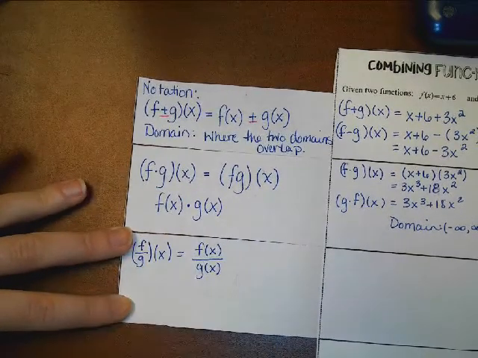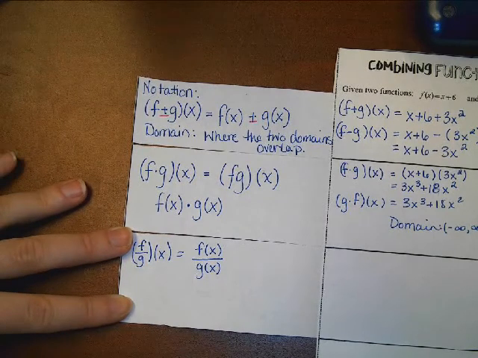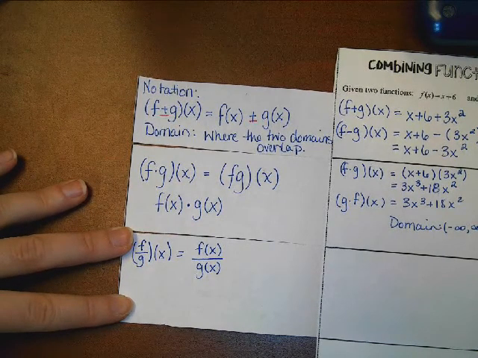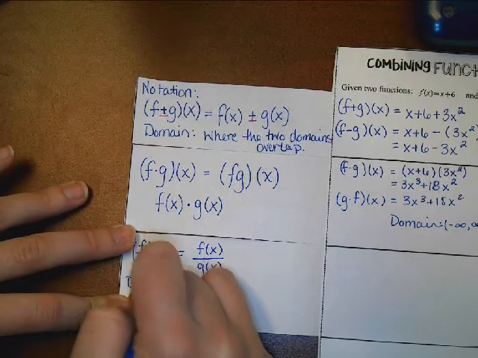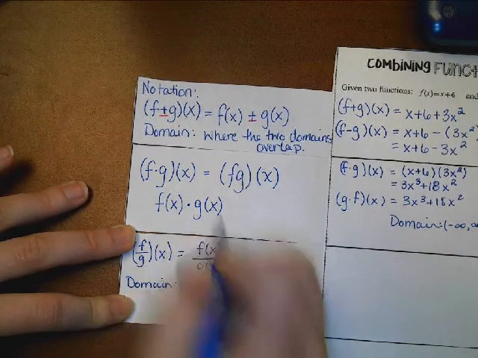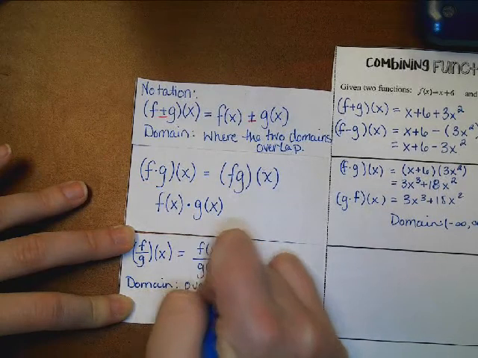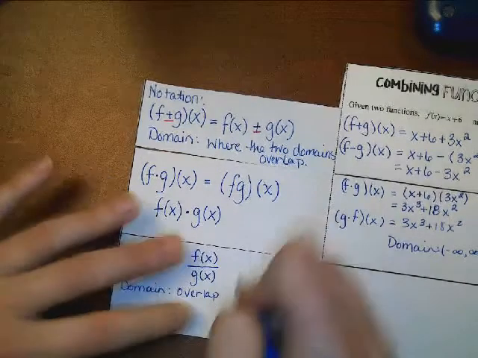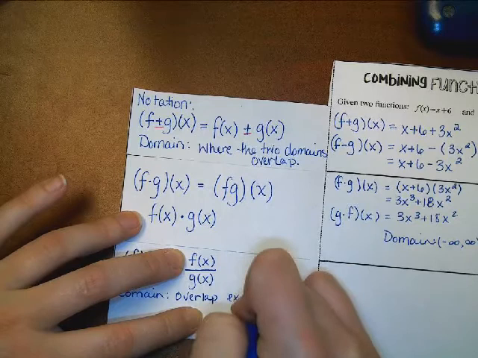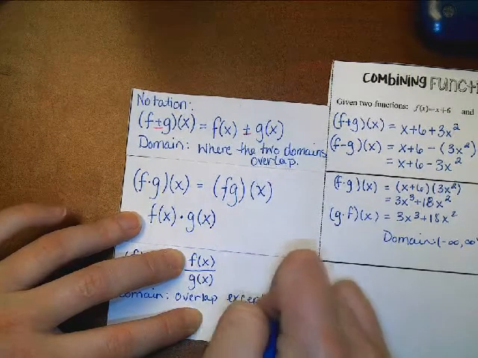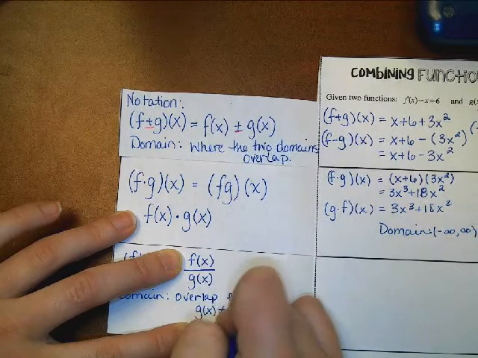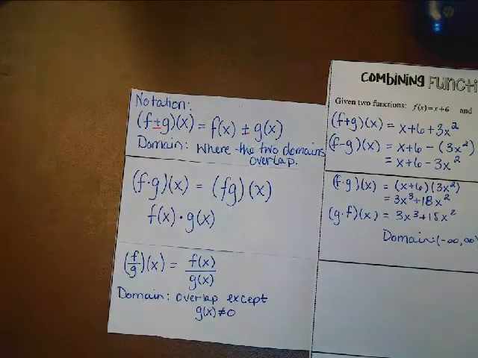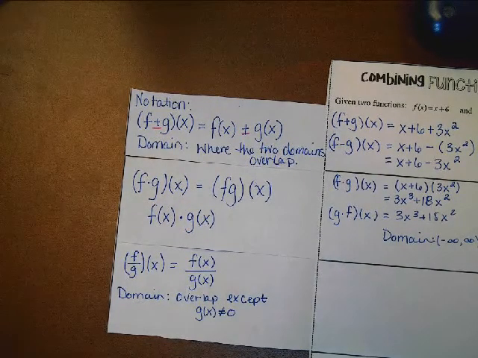Now, the domain is still the overlap with one additional consideration. What is that one additional consideration going to be? G of x can't be 0. So the domain is still overlap, except g of x cannot equal 0.